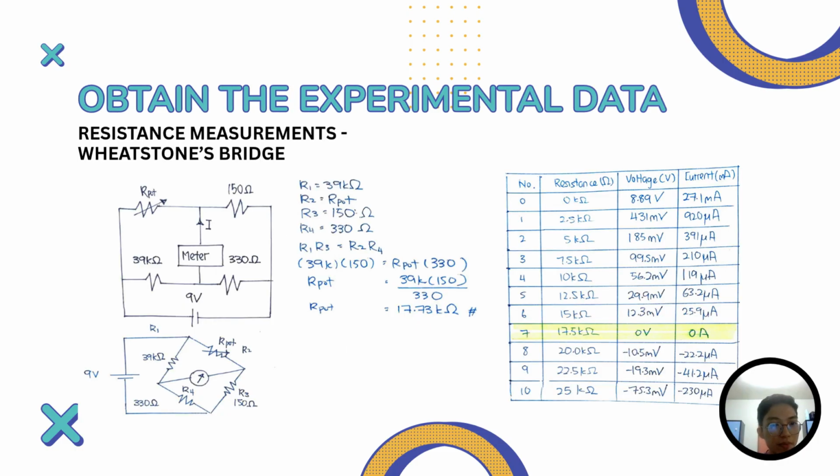Then the experimental data when adjusting the potentiometer from 0 kilo ohm to 25 kilo ohm is measured, and I record down all the values of the voltage and current that flow through the potentiometer.